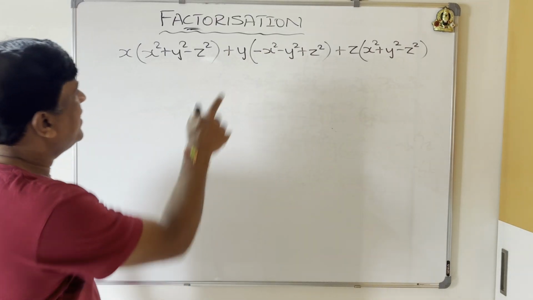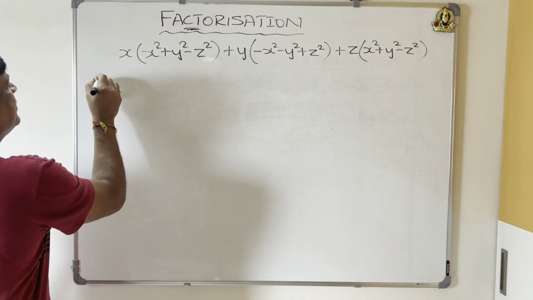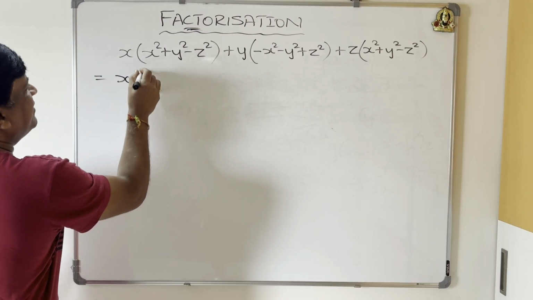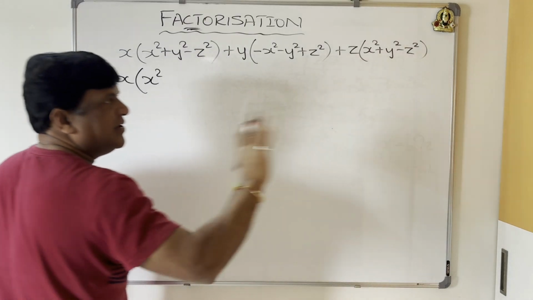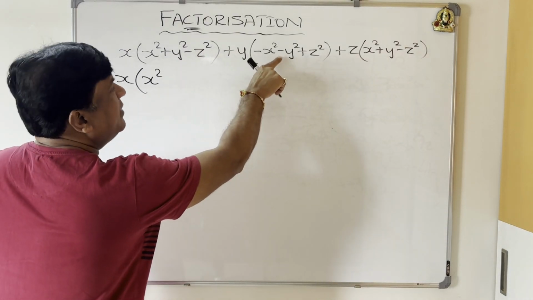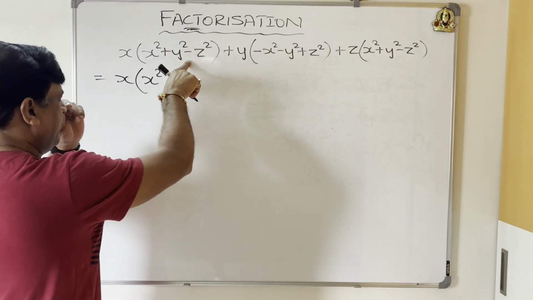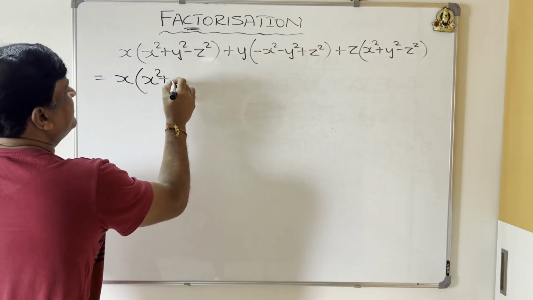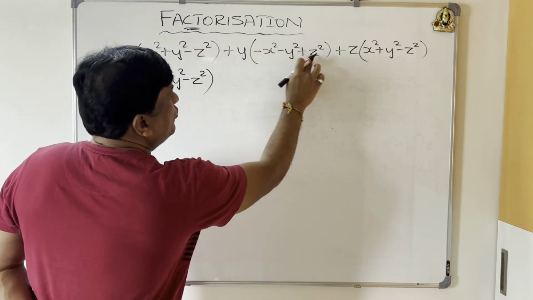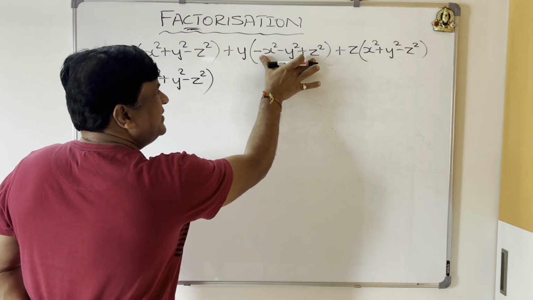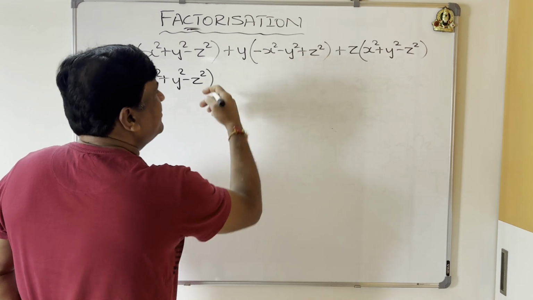Look at it. Can I write this like this? I'll write it like this, x times x square, because this one and this one are the same, and this looks similar, but we need to convert it into this particular format. So I'm going to write the same thing over here, minus z square. What I'm going to do is that from this expression, I'm going to take a minus common.